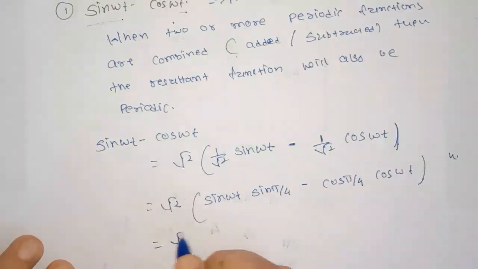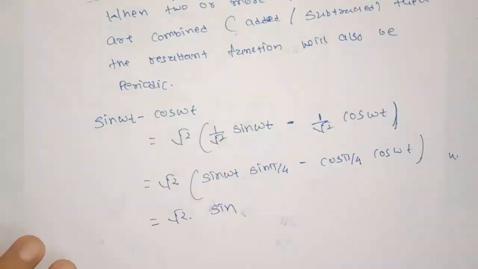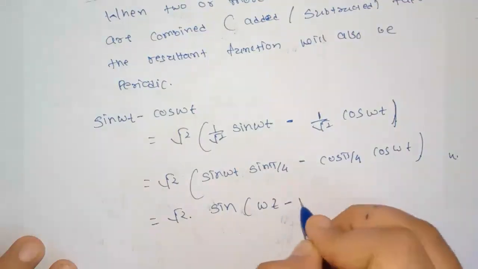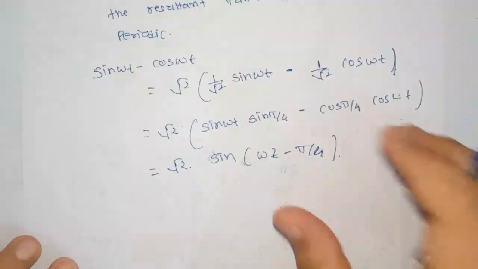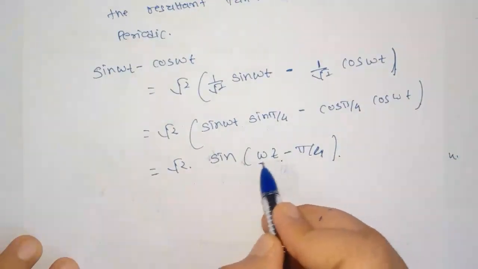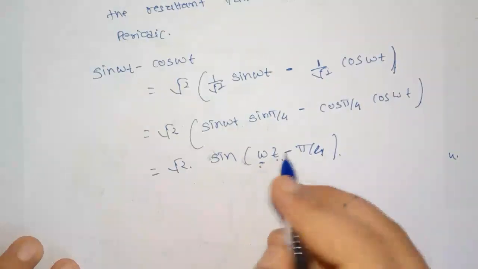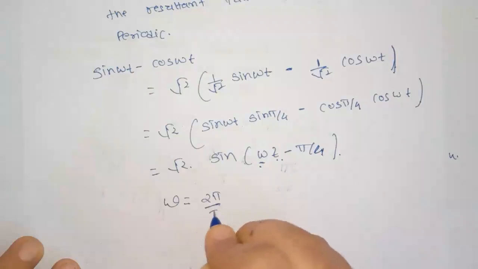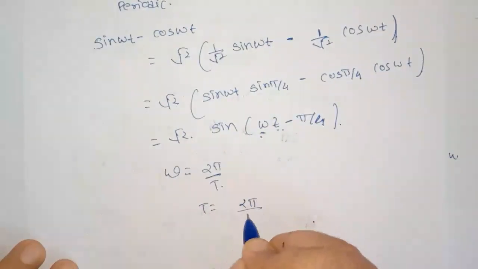So this can be written as root 2 into sine of omega t minus pi by 4. So here the multiplicand of the time is omega. So angular frequency will be omega only, and it is given by 2 pi by T. So time period will be 2 pi by omega.